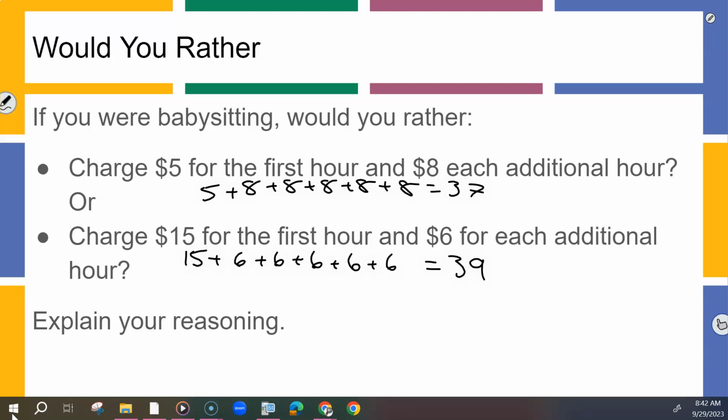Anyone have the same answer for a different reason? The second one, charge 15 for the first hour, $6 for additional hour. What about, did anyone choose the first one?